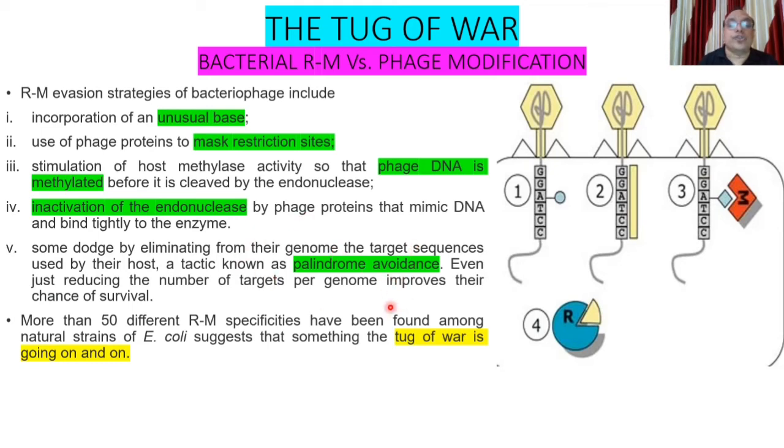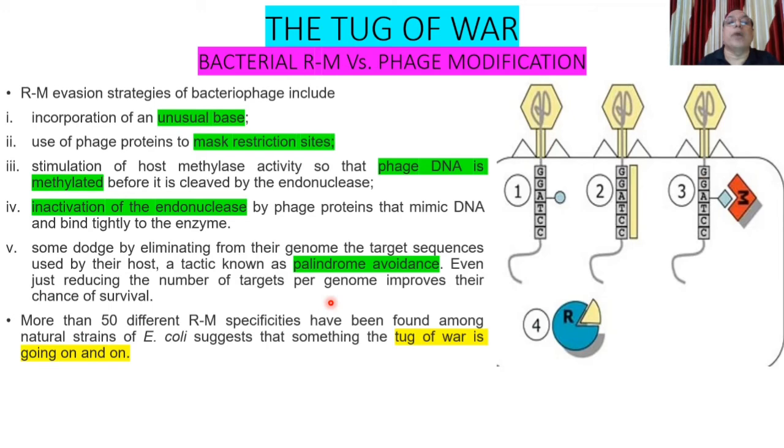You have seen that most of the restriction enzymes that we will deal with recognize what? Palindromic sequence. So many bacteriophages have evolved in such a way that they avoid palindromes. That is, they do not exhibit a palindromic recognition site on their genome. So the smart bacteriophages have altogether changed the recognition site by avoiding the palindromic sequences.